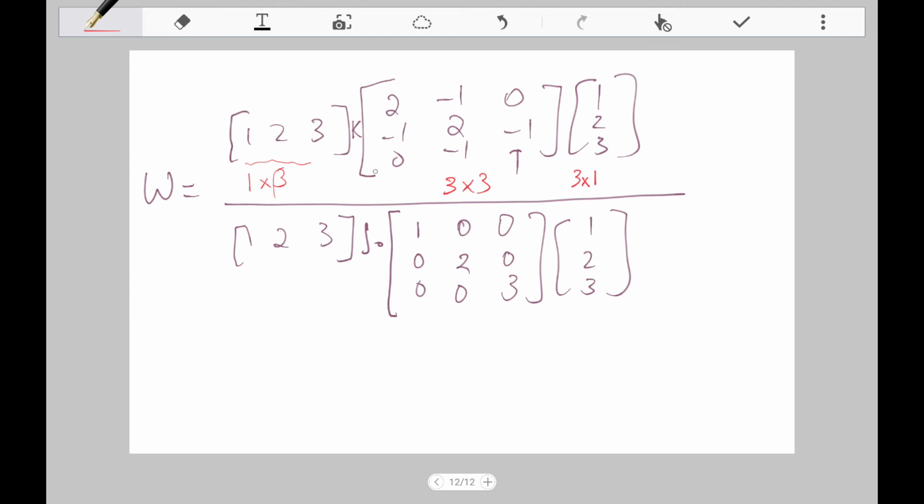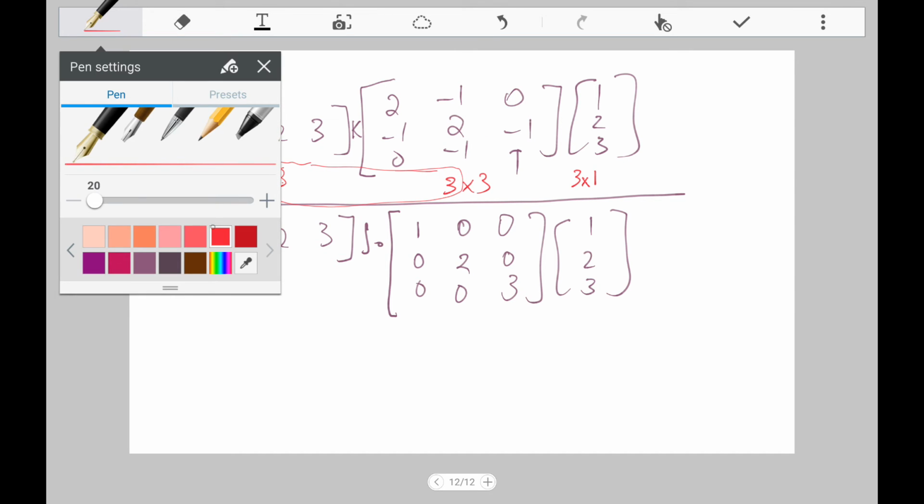We can multiply these two because the number of columns of the first matrix should equal the number of rows of the second. Remember, this is R times C, row times column.